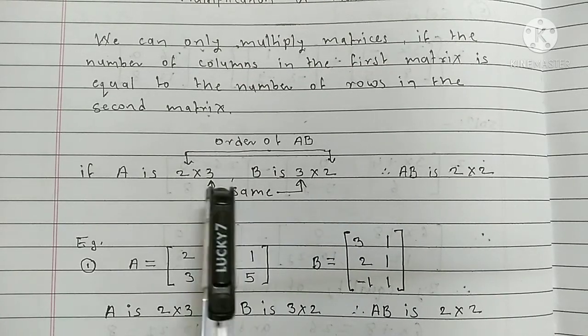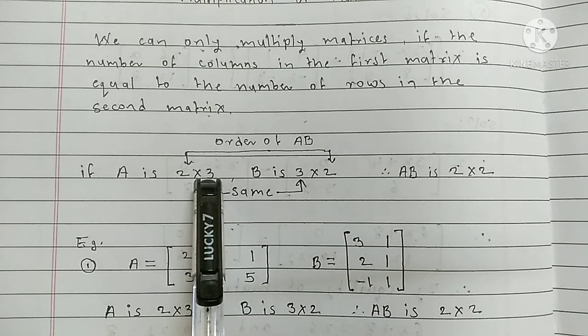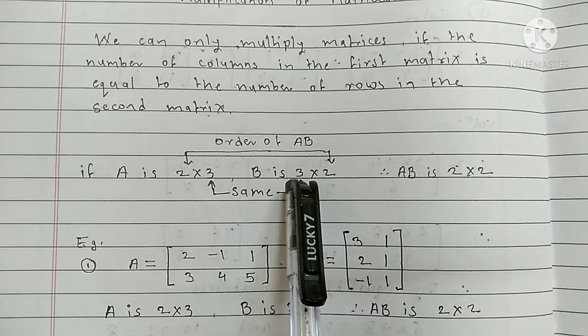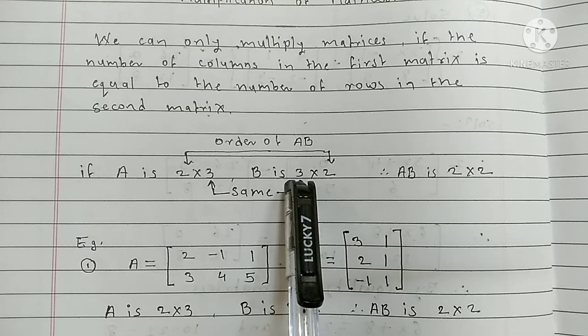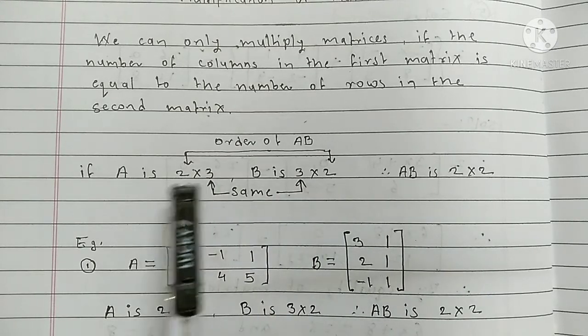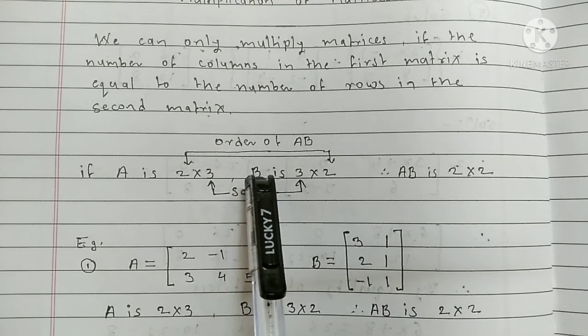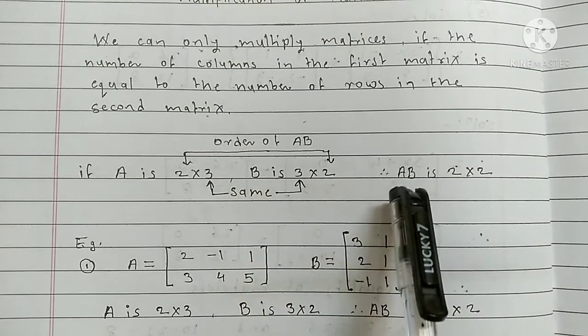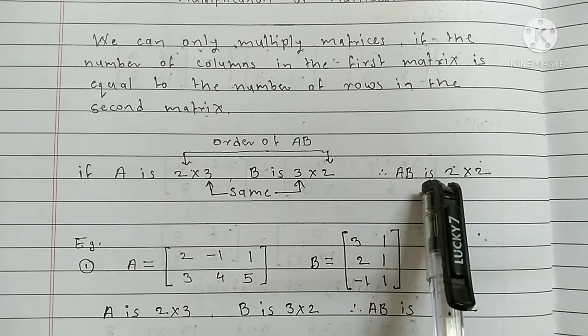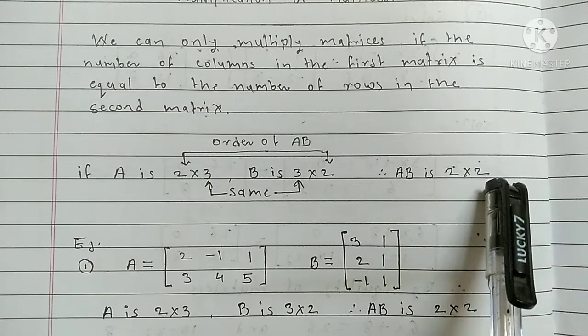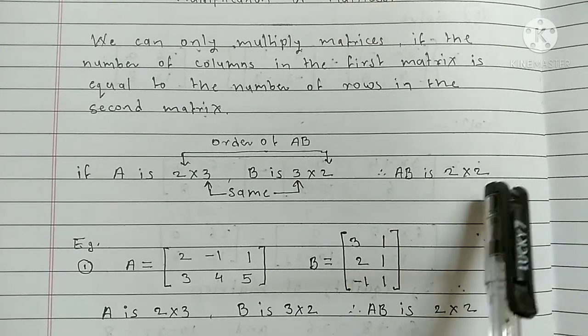So number of columns in the first matrix is equal to number of rows in the second matrix. So here we can multiply these two matrices. And what will be the order of matrix AB? Here the order of AB is 2 cross 2, means 2 rows and 2 columns.